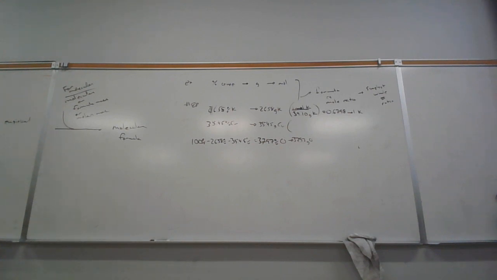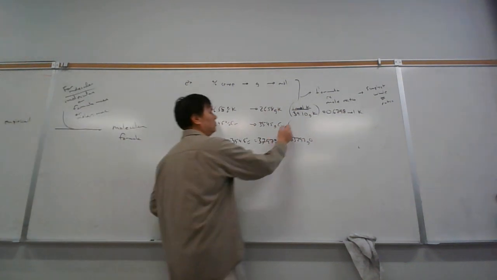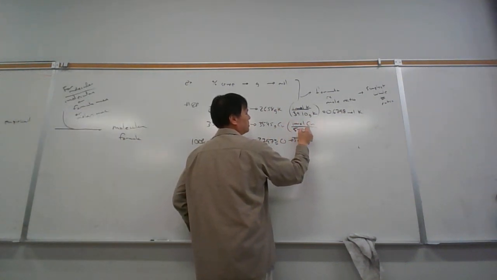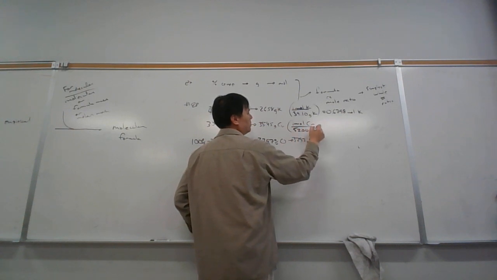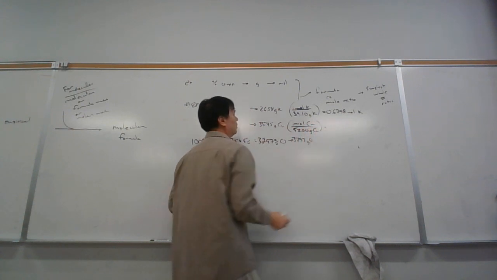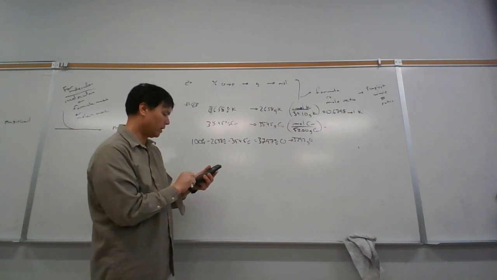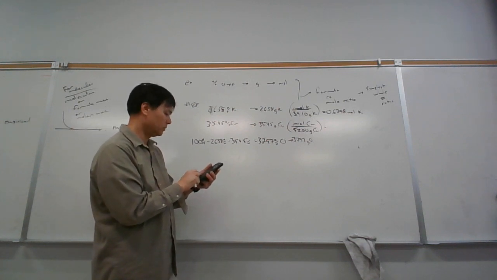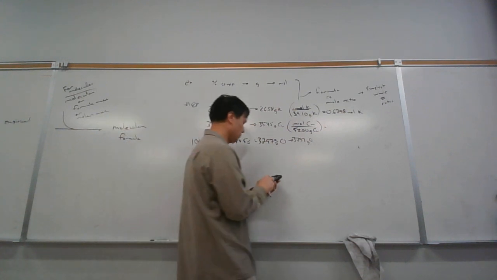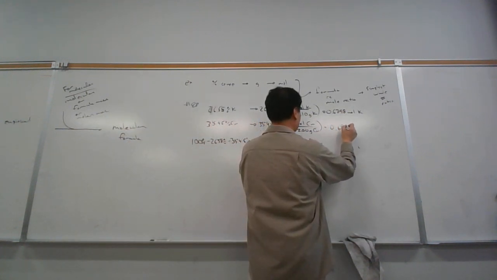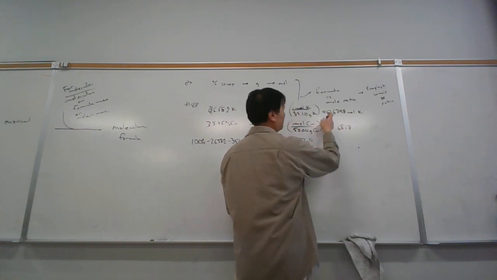So 1 mole of chromium, and I'm rounding this, is 52.00 grams. 35.45 divided by 52 is 0.6817. Okay, I'll go 4.